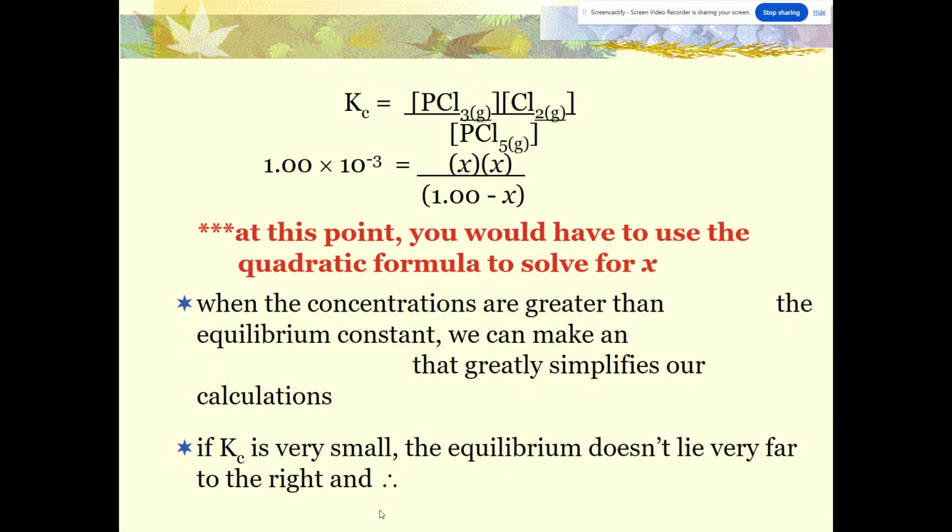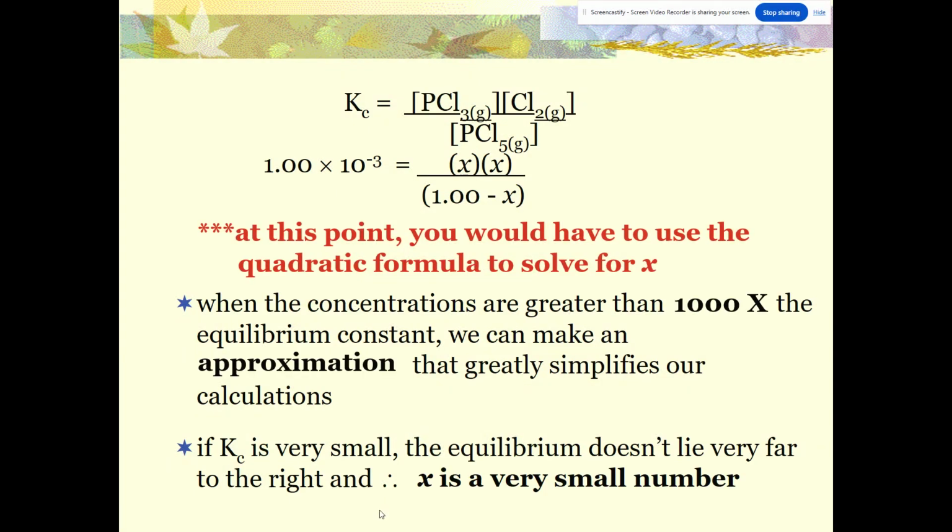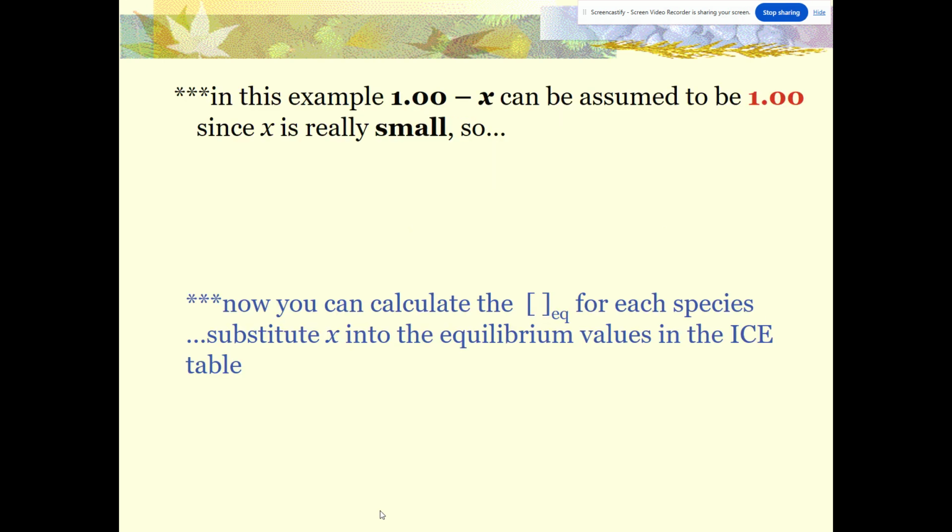Now, the rule for the approximation method says that if the concentrations are 1,000 times greater than the Kc value, the equilibrium constant, we can say that x is very, very small, so that my 1 minus x on the bottom can be simplified to just 1.